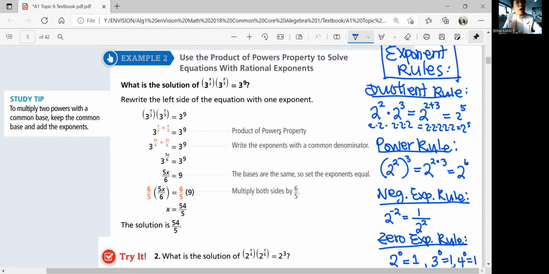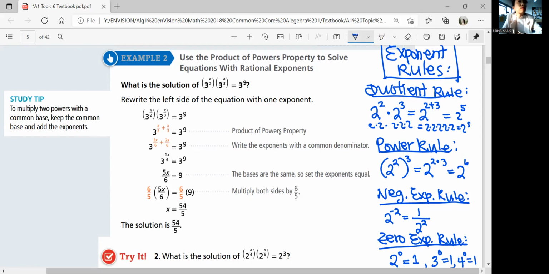So using the product of powers property. So the second one, product of powers. You could just say power rule or the product of power rule. That means when we have the same, oh, wait. We have another rule. I'm sorry. It's a separate rule.